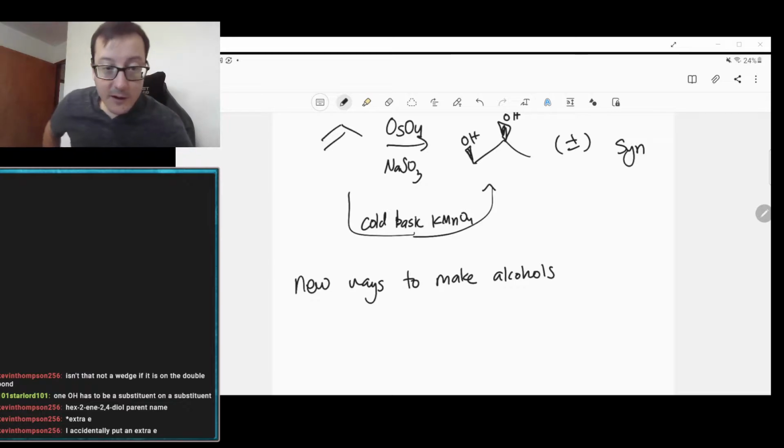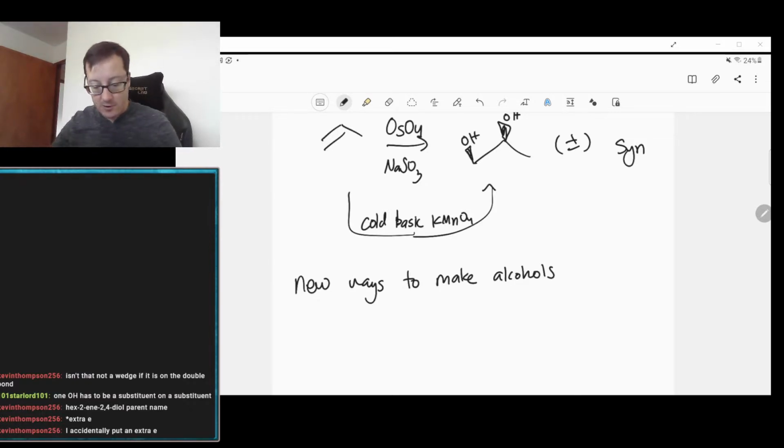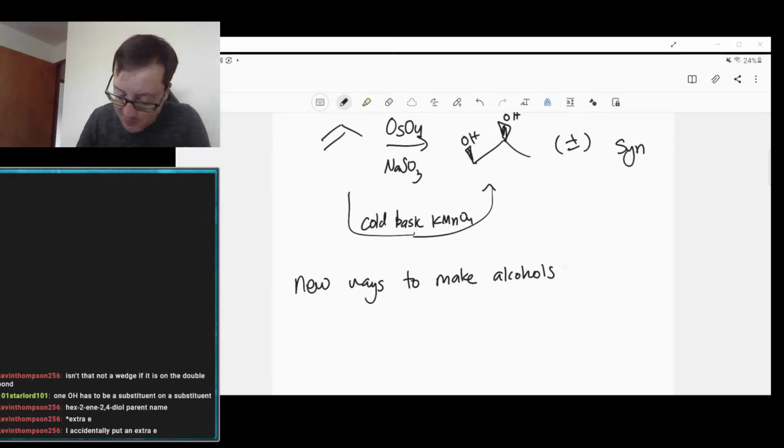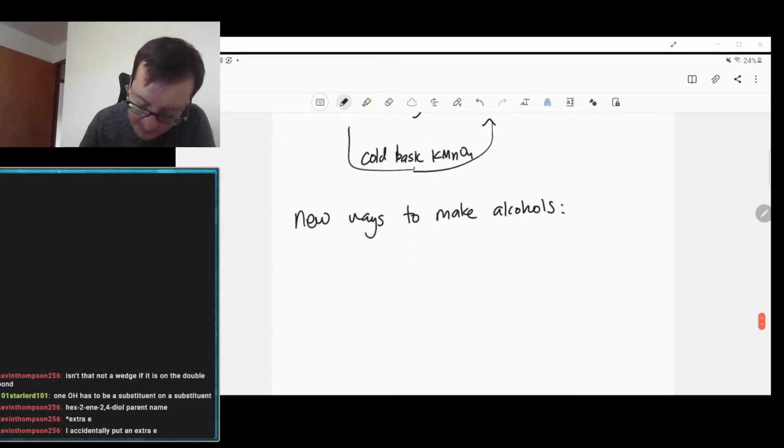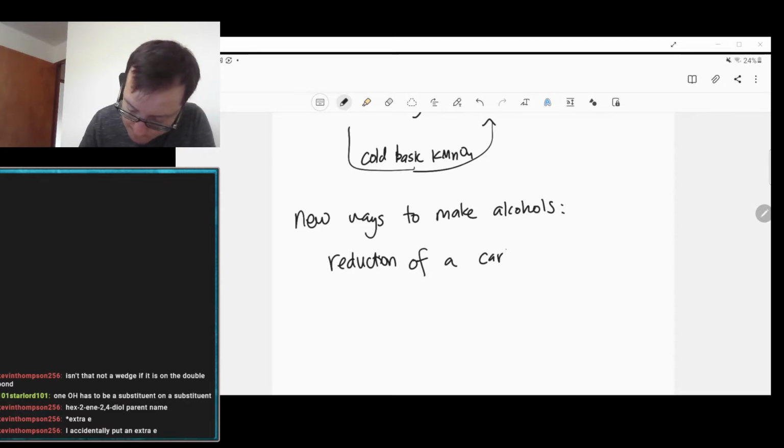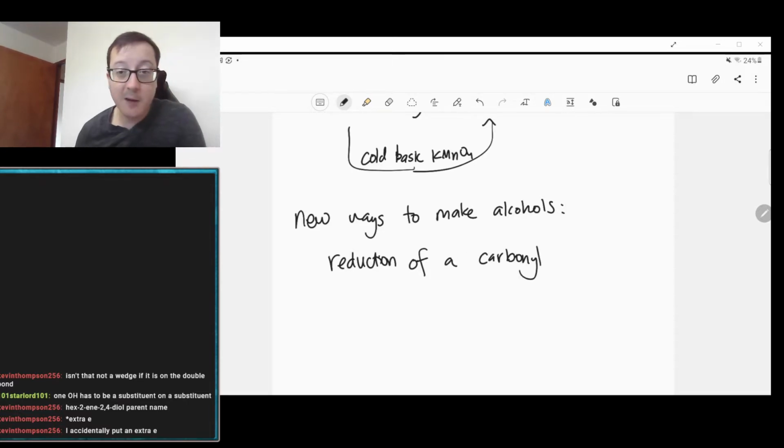All right, so if we're looking at new ways to make alcohols that we haven't looked at before, primarily we're looking at reduction of a carbonyl. And if we're going to talk about reduction, of course, the opposite of that is oxidation, right?